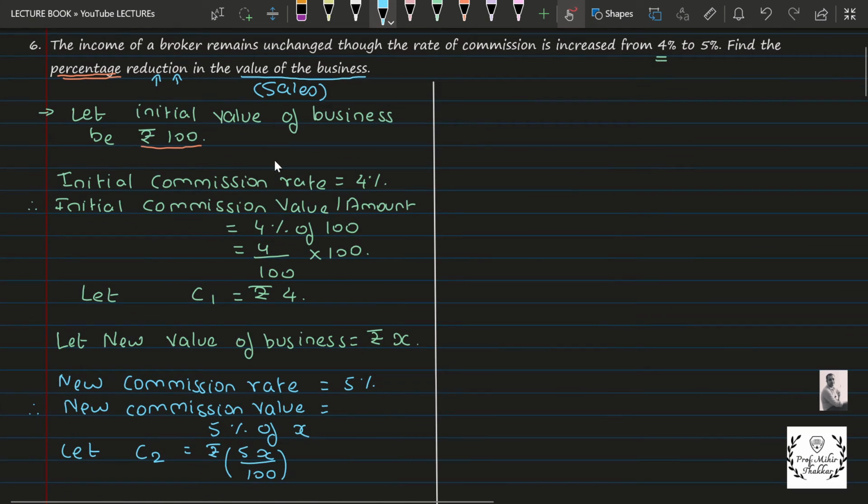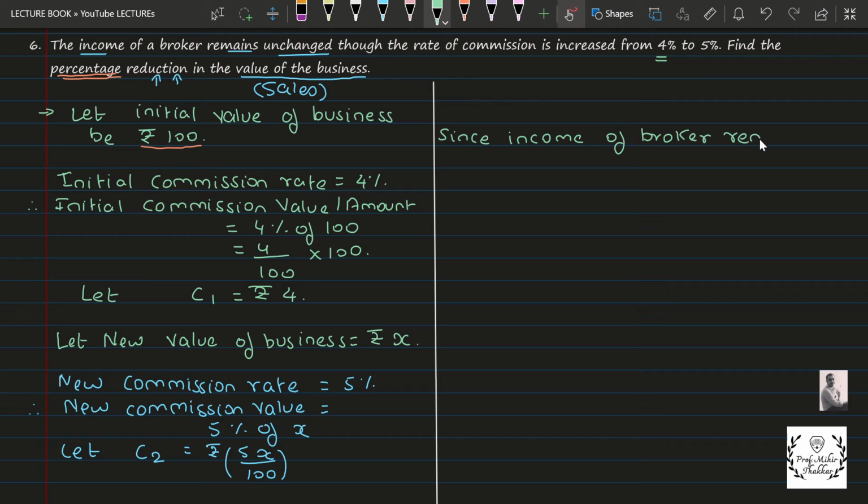Now, as per the question, it says income remains unchanged. So, since income of broker remains unchanged, therefore C1 is equal to C2, and therefore C1 is equal to 4 and C2 over there is 5x upon 100.